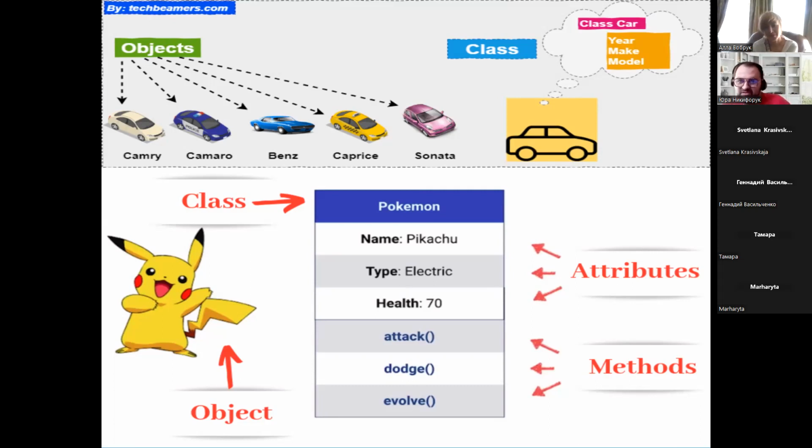For Pokemon, methods are attack, dodge, evolve, etc. And if we have a class, we can create an instance of this class, and it could be, I don't know, Pikachu or another Pokemon.